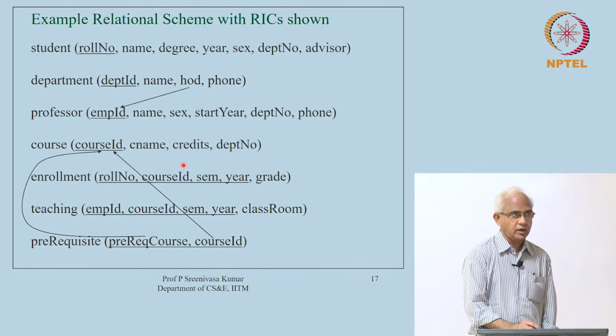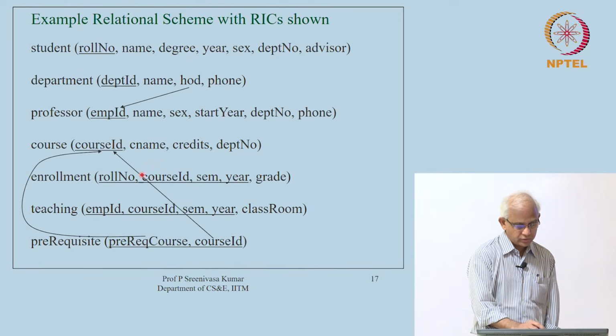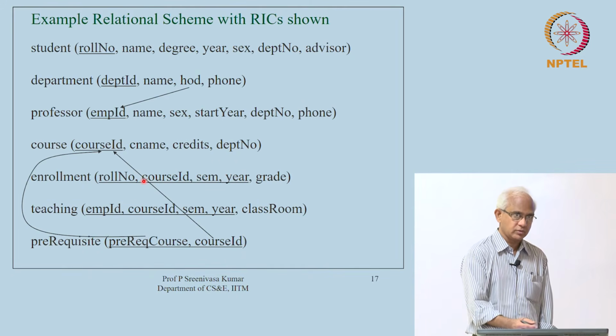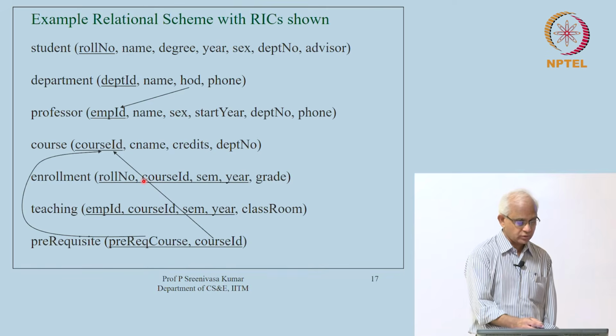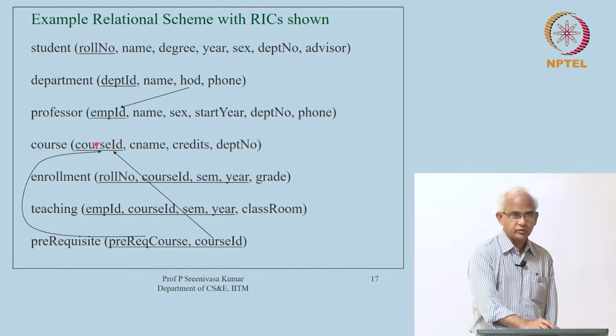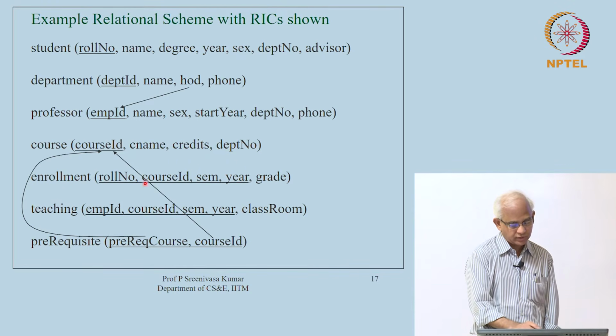Okay. And if there is an ambiguity as to which course ID attribute we are referring to, we will use the conventional dot notation to disambiguate that name. So, if you say course.course ID, then we are referring to this attribute. If you say enrollment.course ID, then we are referring to this particular attribute, like that.